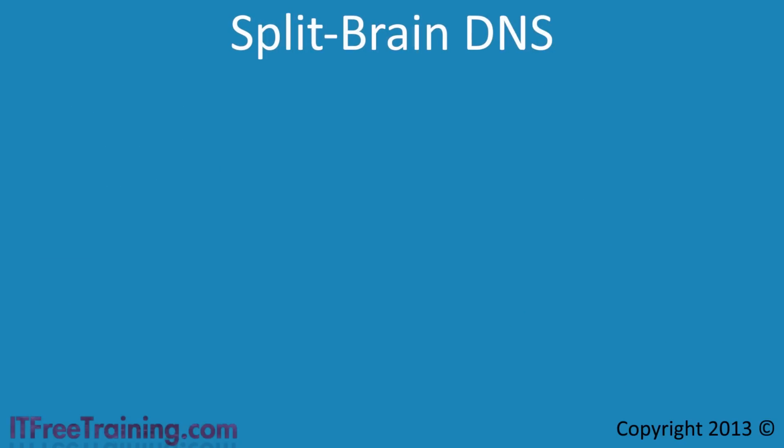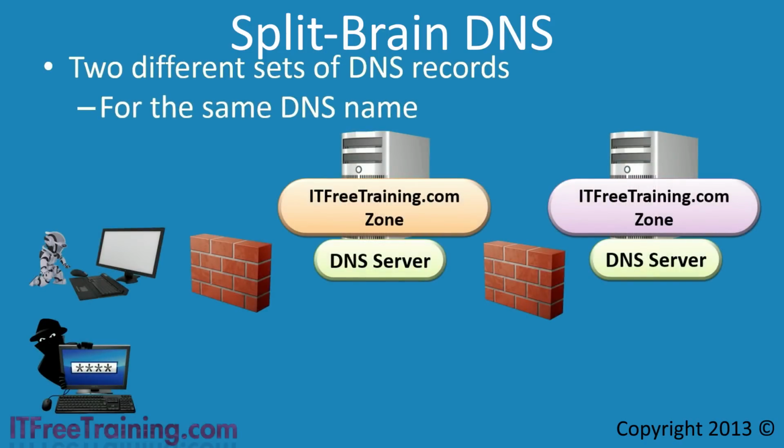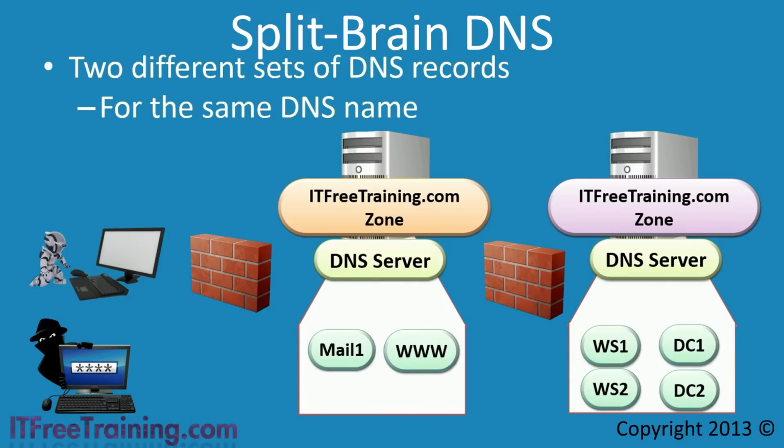Split Brain DNS uses a different approach. It uses two sets of DNS records for the same DNS domain name. As you can see in this example, each DNS server has its own independent set of DNS records. They may be for the same DNS name, but the DNS servers effectively work independently of each other.